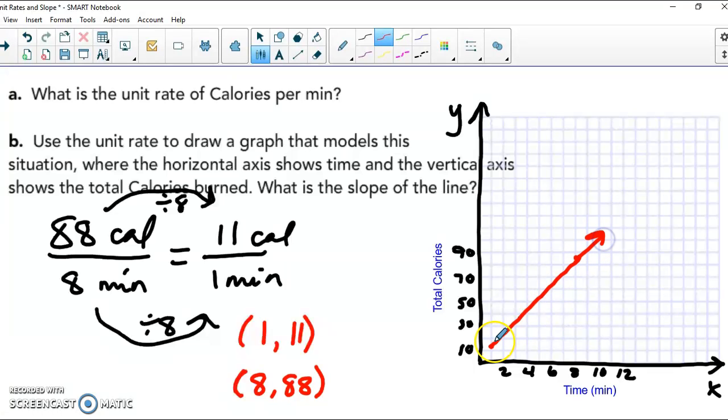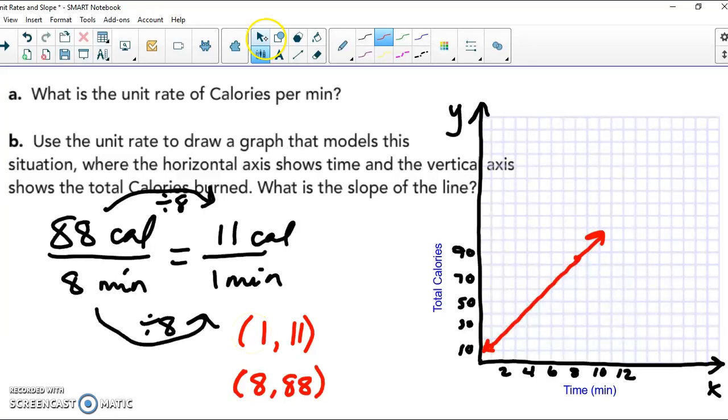Now, I'm not going to start my graph at 0 unless I know for sure that that's a point on here. So I can connect the 2 points that I have, and I can use that now to calculate my slope.